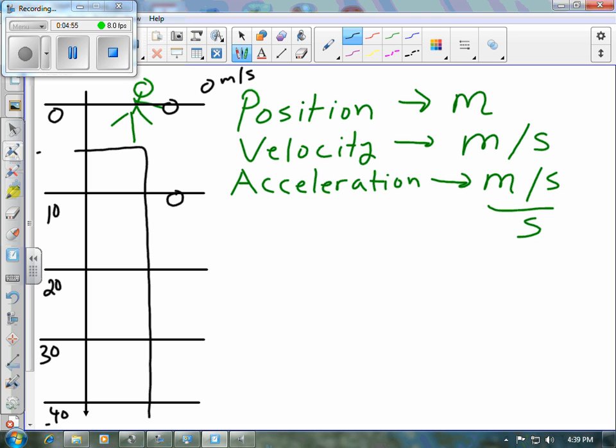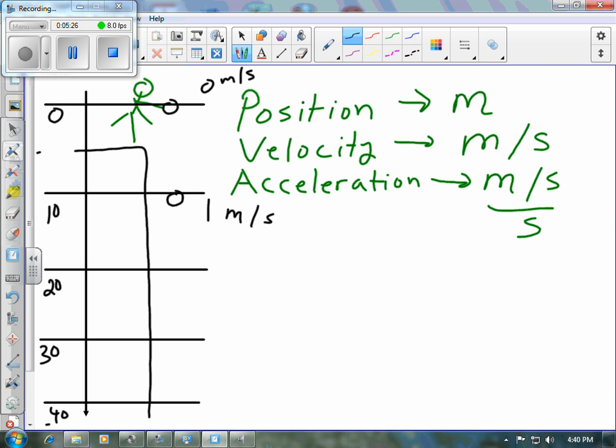So let's say he's dropping it on another planet somewhere, where all the units are just right. So on this other planet, now it's got 1 meter per second as the velocity. So it gained 1 meter per second falling 10 meters.